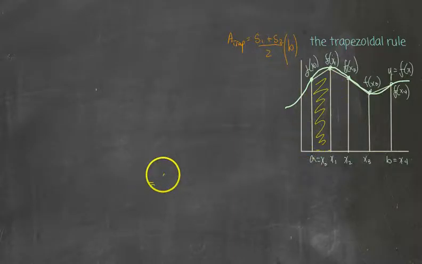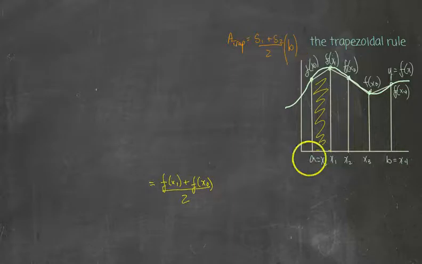I would write the heights as the F of X1 plus the first height, the F of X0, and the average would be divided by 2. So divided by 2. And then I would have to multiply this by the base. And I'm just going to write base here. I'm not going to write X1 minus X0. Though I could, but it works for me to not do that, at least in this demonstration.